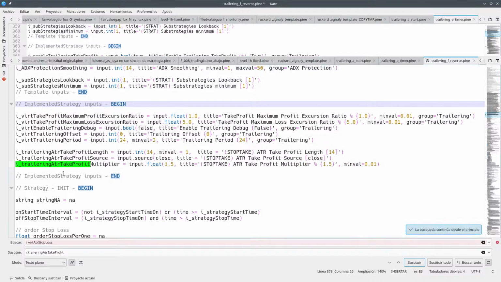That's it. So this is ATR. Yeah. So this is inside of the group trailering settings. So let's put it here so that it matches.